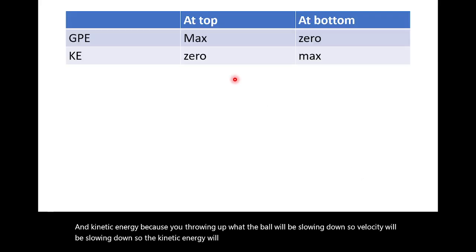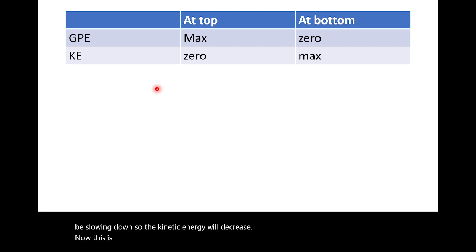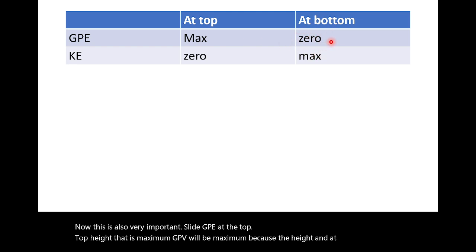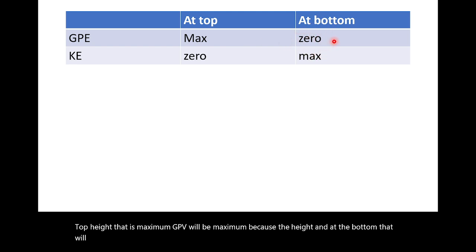Now, this is also a very important slide. GPE at the top height is maximum. GPE will be maximum because of the height, and at the bottom it will be zero. Near the floor, the GPE will be zero.